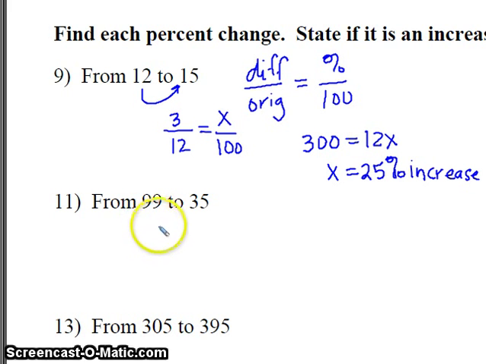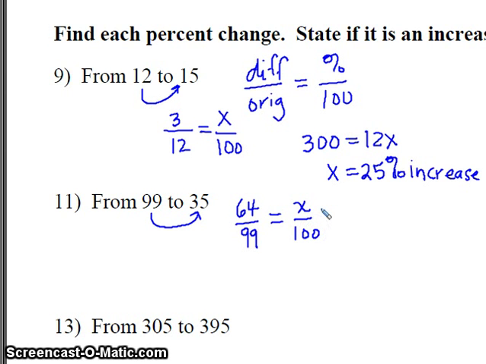All right, I'm going to try one more of those with you. This is going from 99 to 35. So if that was like a discount on a shirt or something, that would be a bargain. So we subtract those numbers and we get 64. The difference between the numbers is 64. Put it over the original number, 99. That's going to equal the percent over 100.